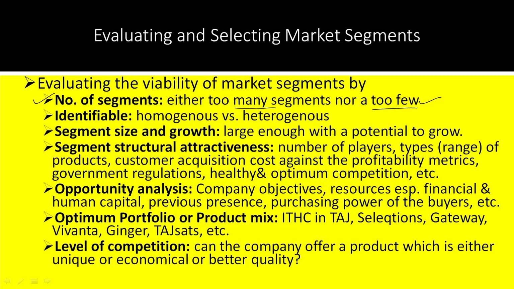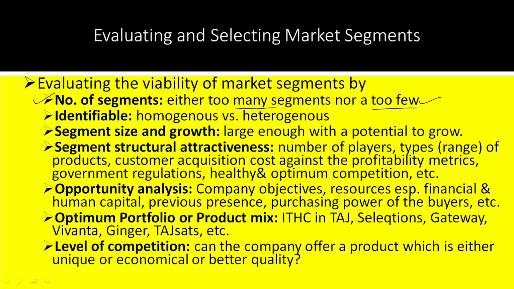The reason being, if it divides the market into a very few number of segments, these segments will be somewhat heterogeneous in certain aspects, which is not in favor of the company, because the more heterogeneity there is within a segment itself, the more difficult it will be for the company to produce a product which is going to be a universal choice within this segment.